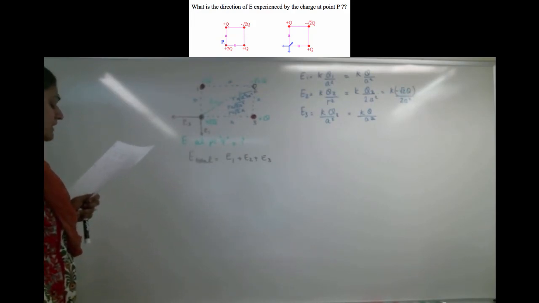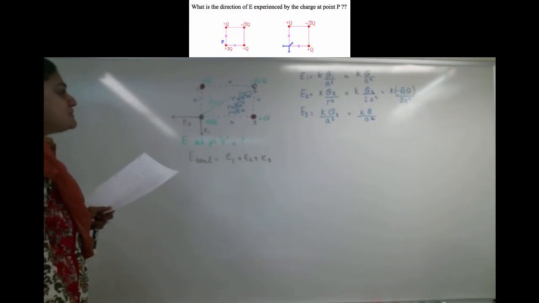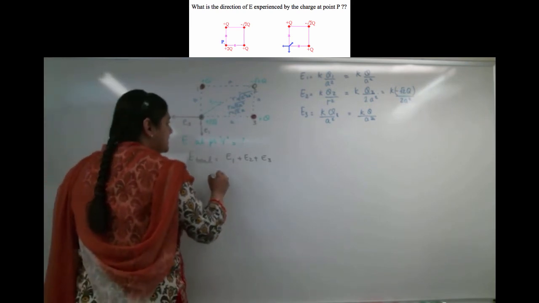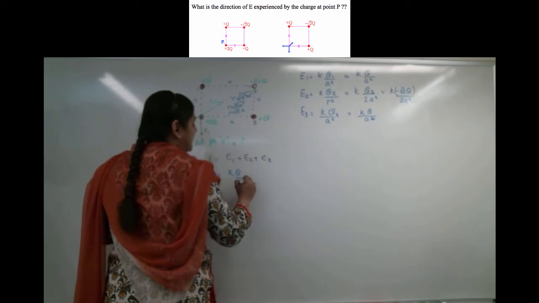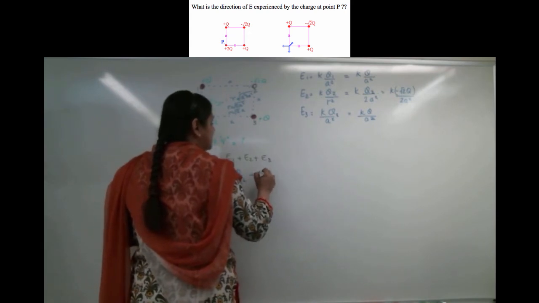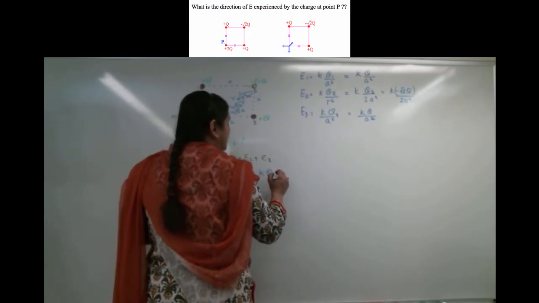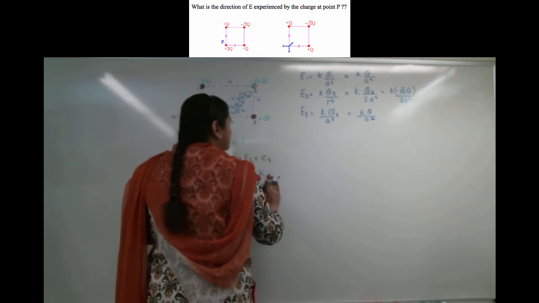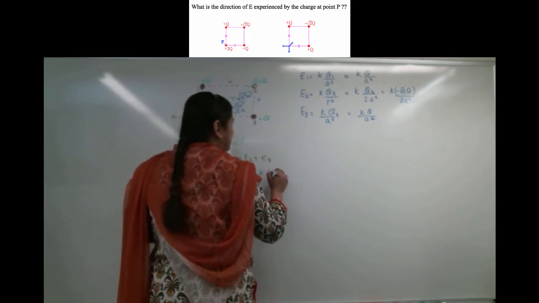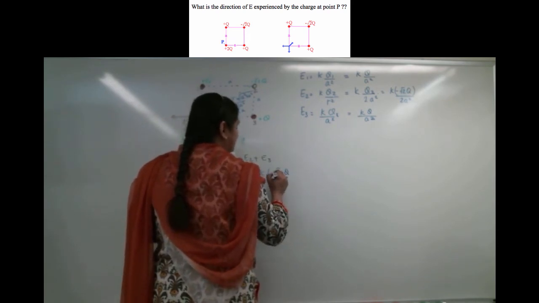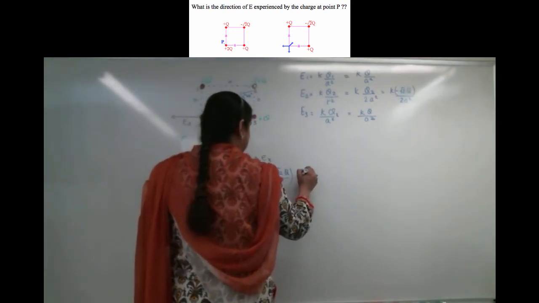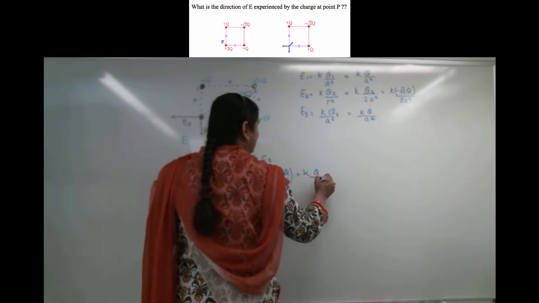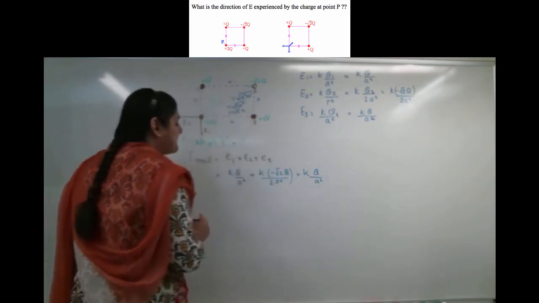Once I have all of those in, all I have to do is plug these numbers in here. So E will be KQ over A squared, minus square root of 2 Q over 2A squared, plus KQ over A squared.